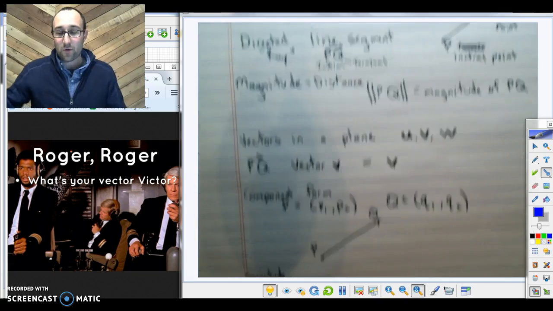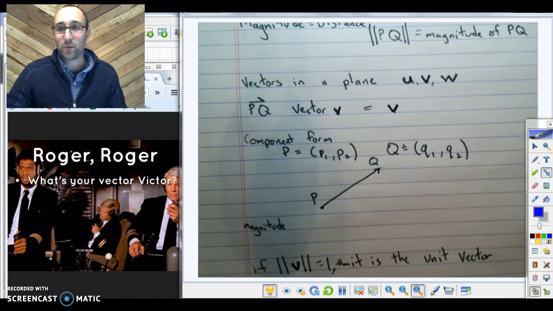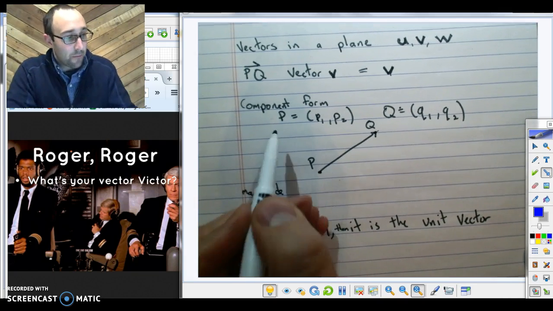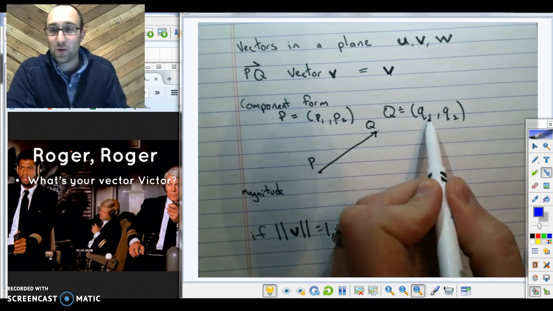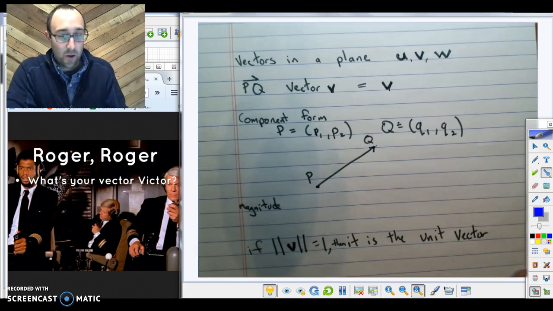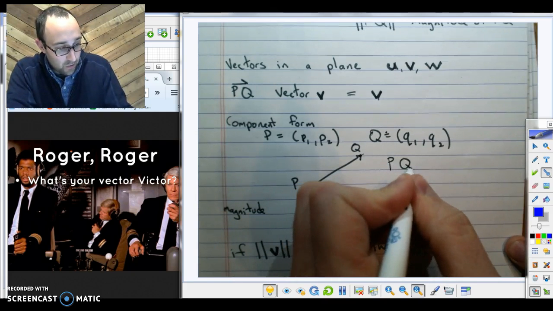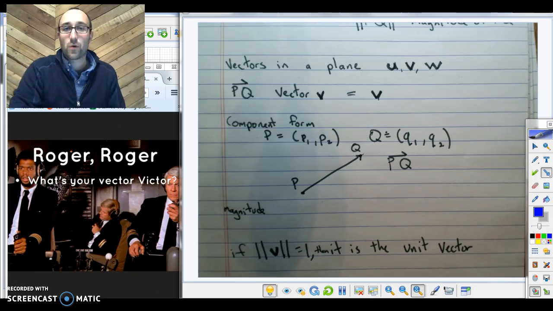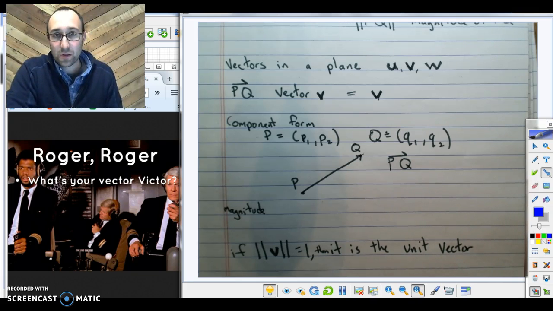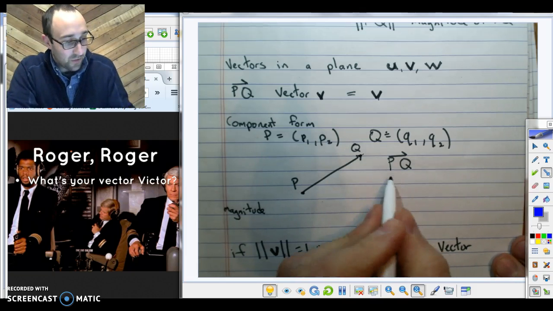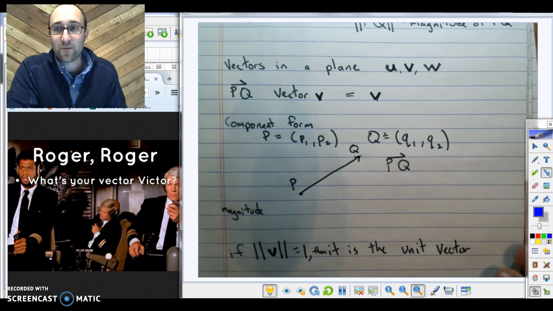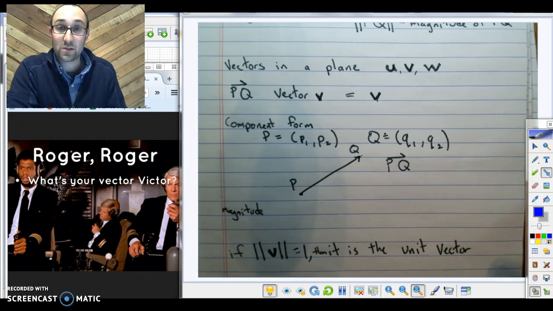All right, so now we're going to be looking at component form of vectors. So if P is the point (P1, P2) and Q is the point (Q1, Q2), and I want to write PQ as a directed line segment, I can also write it in component form. It's kind of like finding the difference in the x's and the difference in the y's.